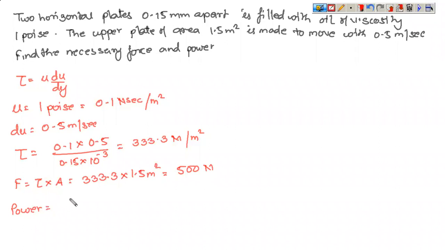Power is equal to force multiplied by velocity. So force is 500 and velocity is 0.5. So this gives you 250 Newton meter per second, and Newton meter per second is watt. So this is 250 watt.